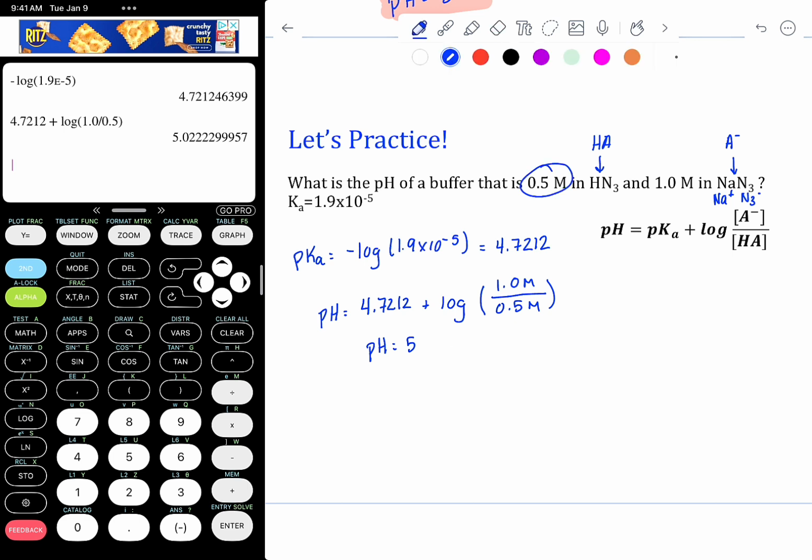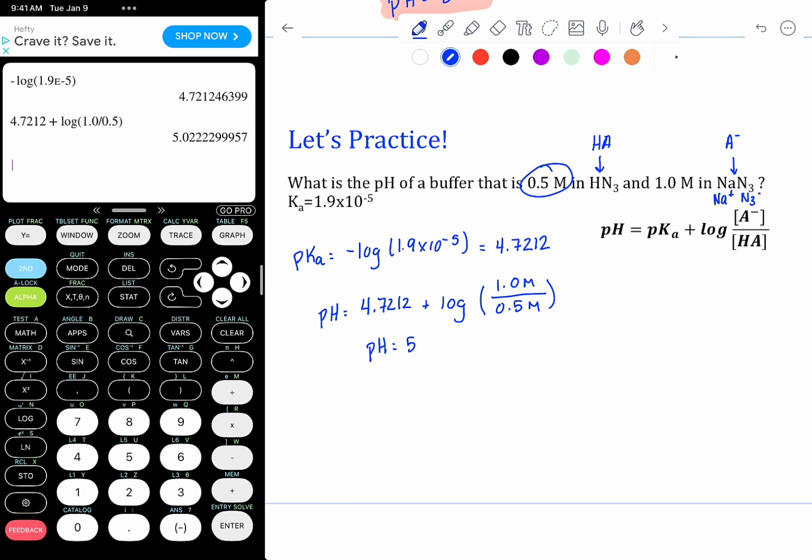Okay, so we can see from our previous problem and this problem that when our concentrations are pretty close to each other, that pH doesn't vary much from that pKa. But when they're completely different from each other, so when we have 0.5 and 1.0, when they're almost double of each other, that pH is pretty far off from that pKa relative to what we saw before.